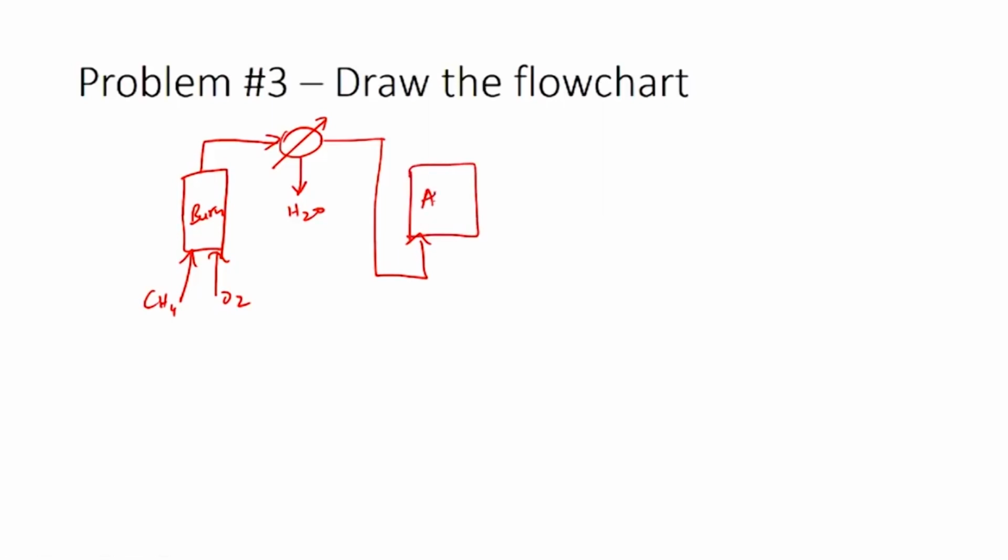So, let this be the absorber, and in the absorber you also have a solvent. We have not been told what solvent it just is some pure solvent which is being fed to the absorber, and this solvent carries out all the CO2 and 97% of acetylene in the liquid form.